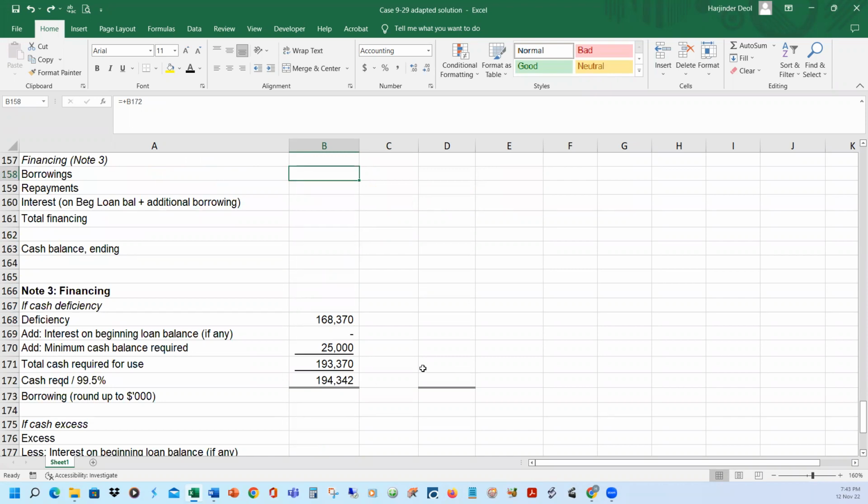We can't do that. So what we must do is round up to the next 1,000 whole dollars. So $194,342, if you round it up to the next whole thousand, we will have to borrow $195,000.